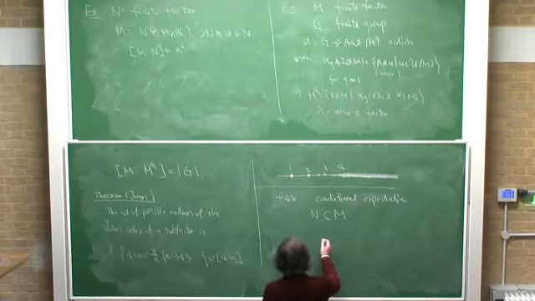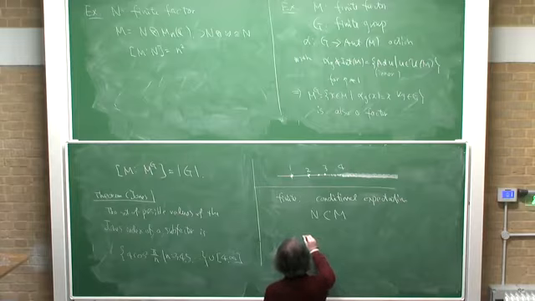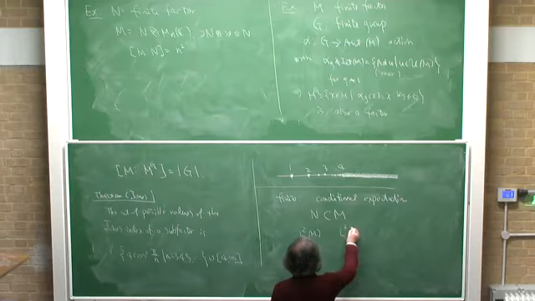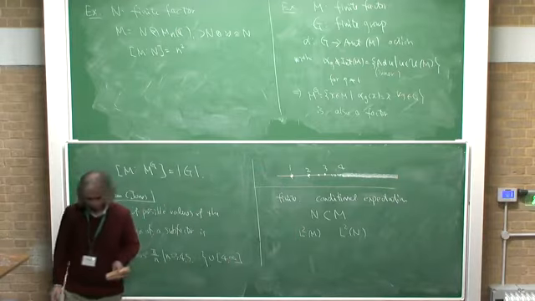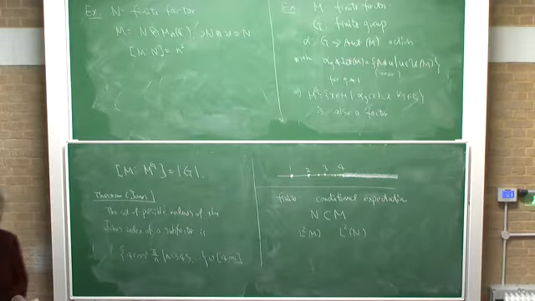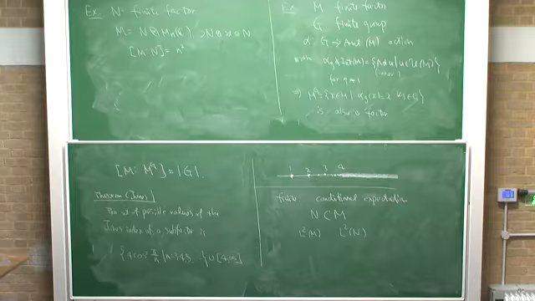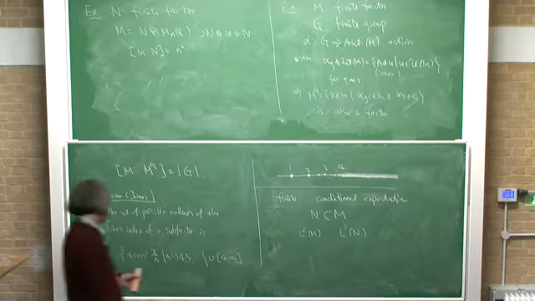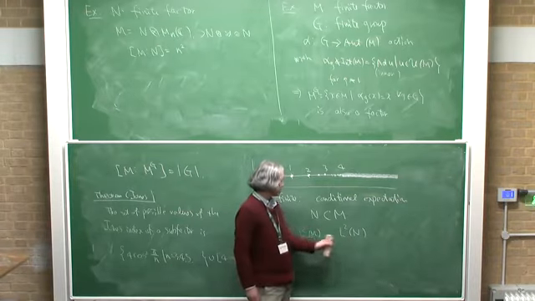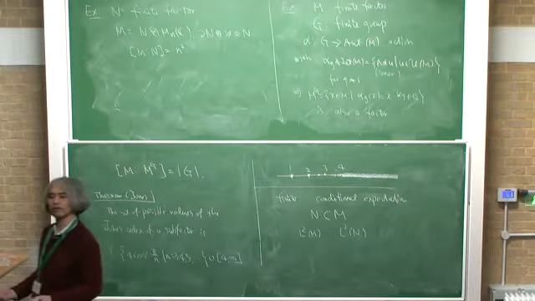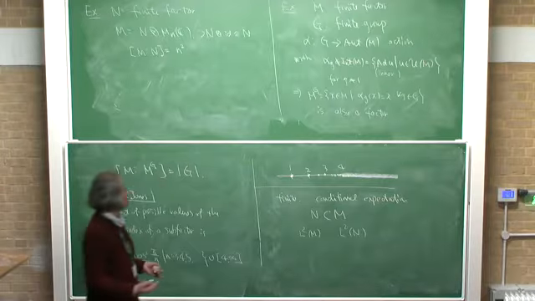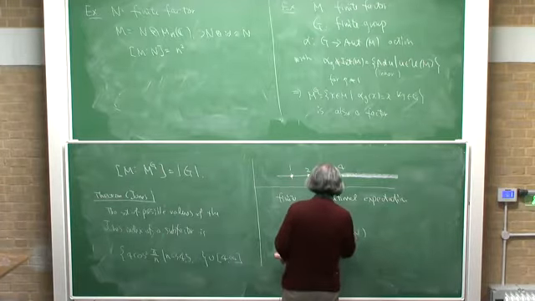Then we have L2 of M, which arises from the completion with respect to the inner product arising from the trace. And also we have L2 of N. And this is a natural Hilbert subspace of L2 of M. So we have a Hilbert space and a subspace, so we have a natural orthogonal projection.